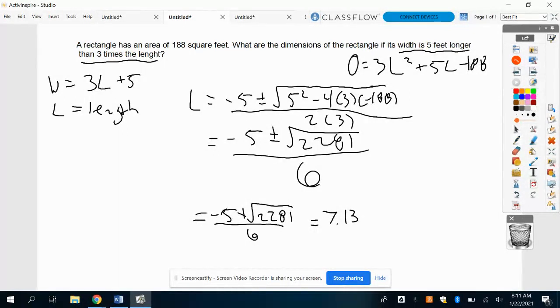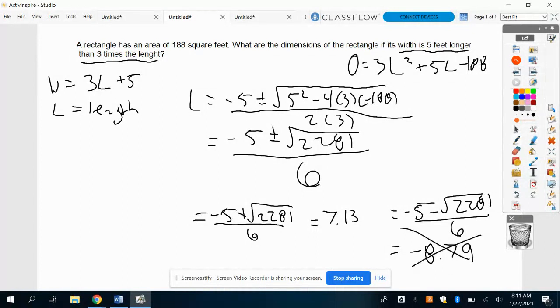For your other option, you've got -5 minus the square root of 2,281 over 6. So you'll do the same thing, put it in your calculator, and then divide by 6, and you get -8.79. Now, once again, you cannot have a negative number for your width or your length.